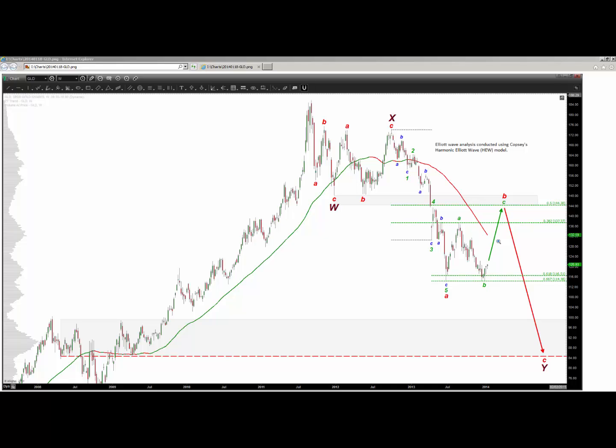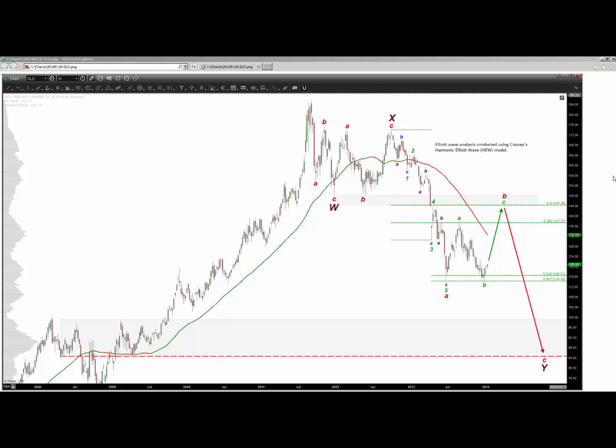And that's exactly what happened right when we got back to the 126 area. And since then, I left gold alone and kept watching it all year, vowing to re-enter some sort of trade in gold when the opportunity presents itself. And I believe such an opportunity is right around the corner.